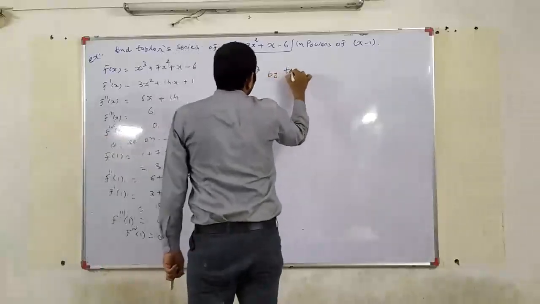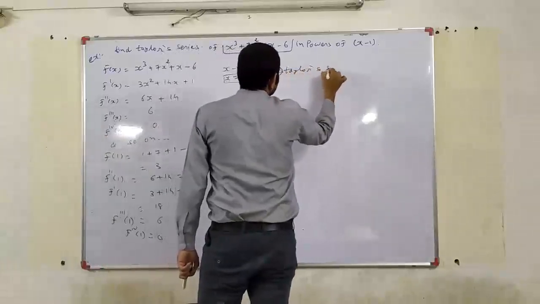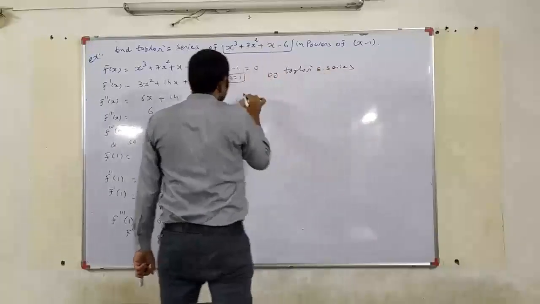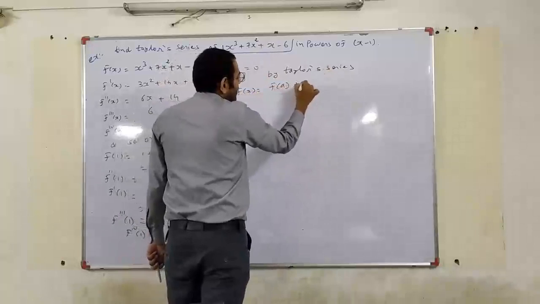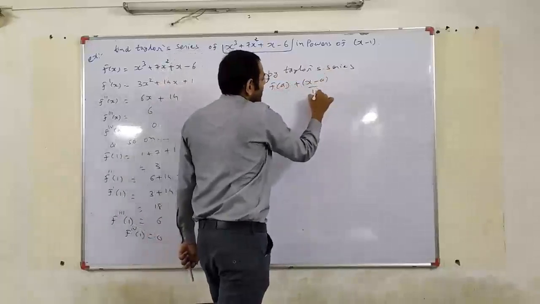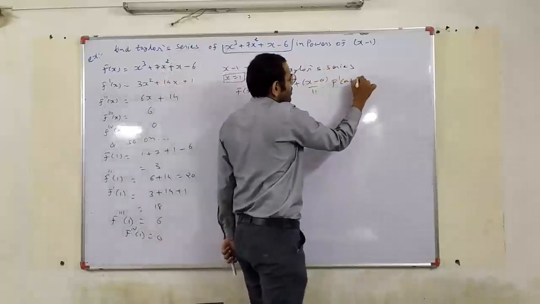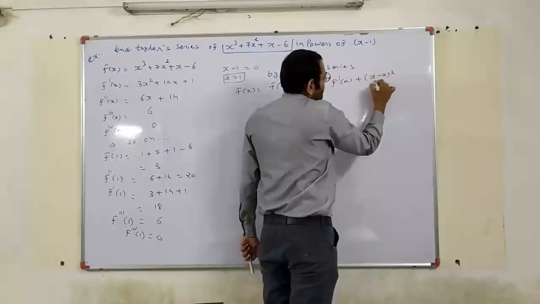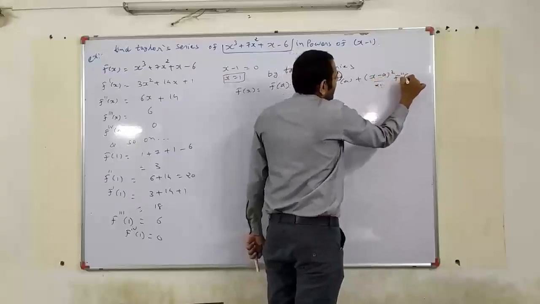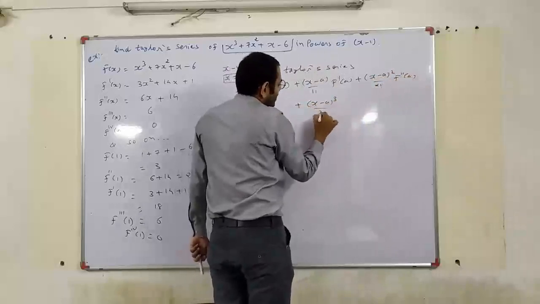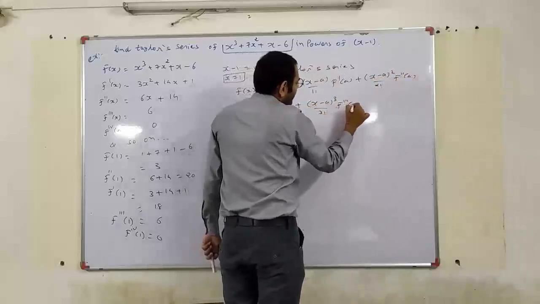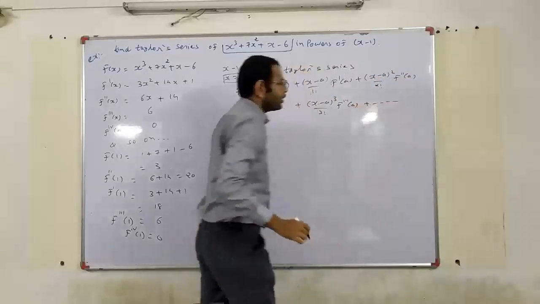By Taylor series, our Taylor series is f of x equals f of a plus x minus a by 1 factorial f dash of a plus x minus a whole square by 2 factorial f double dash of a plus x minus a raised to 3 by 3 factorial f triple dash of a, and so on.